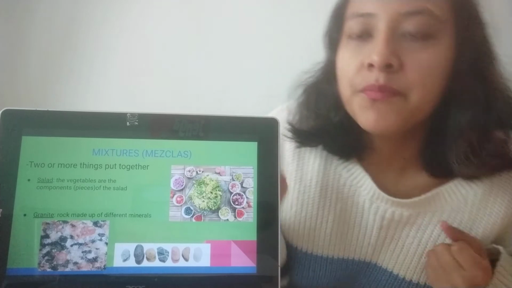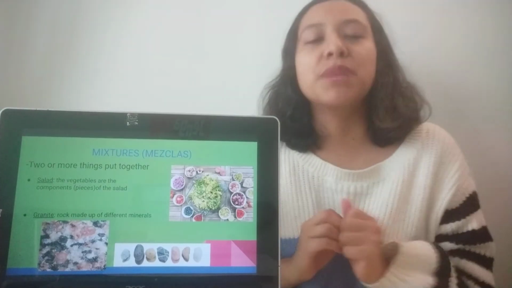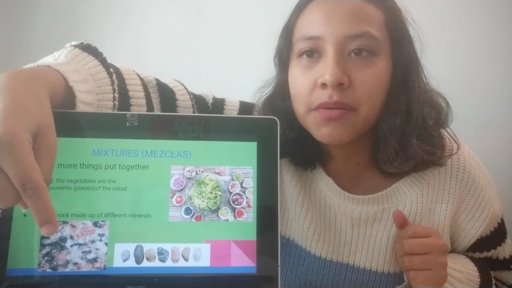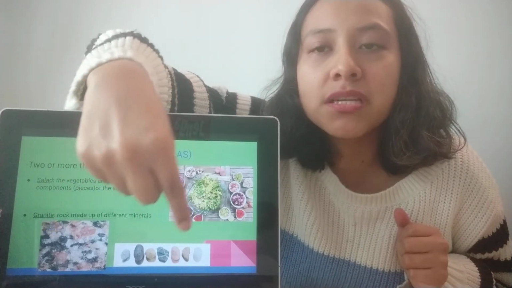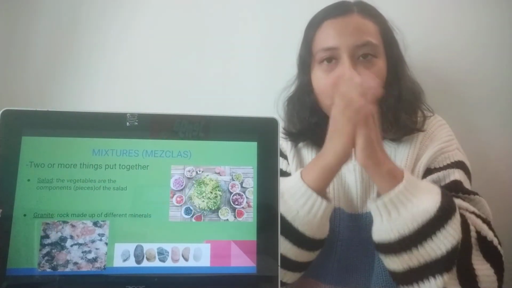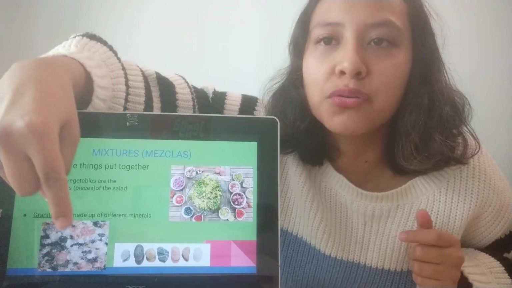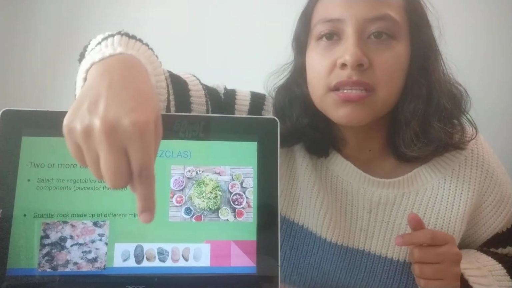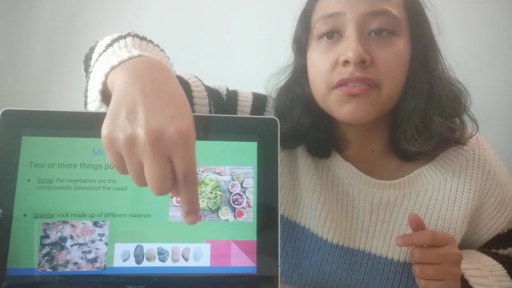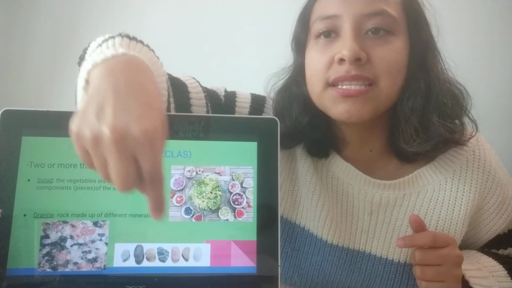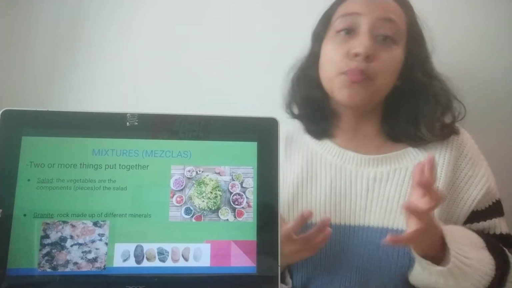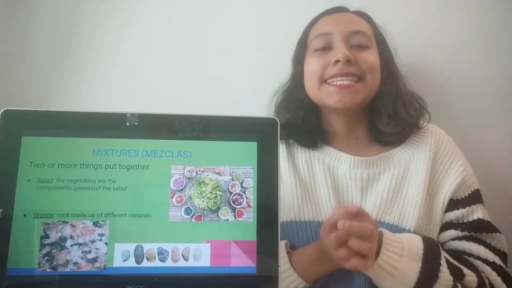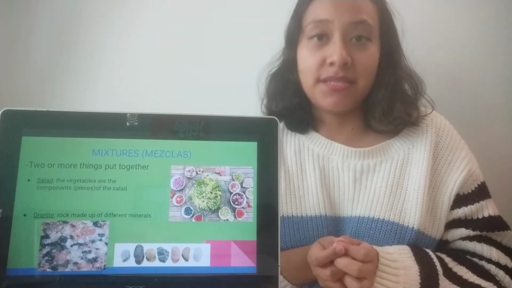And also, the granite is a mixture because it's one thing right here, but it's all of these little rocks pressed together to create this one, all right? So, we have different rocks, as you can see, different colors and different shapes, and this creates all of this. So now it's not a pure substance, okay? It's a mixed substance, all right?